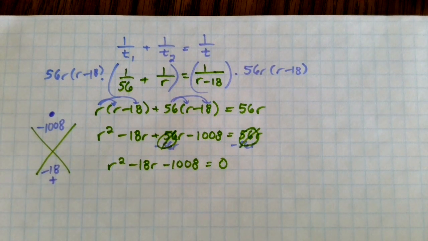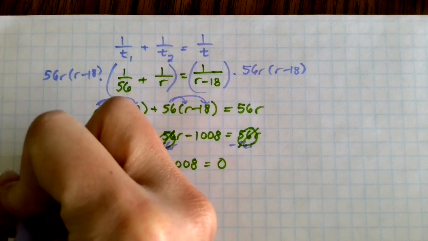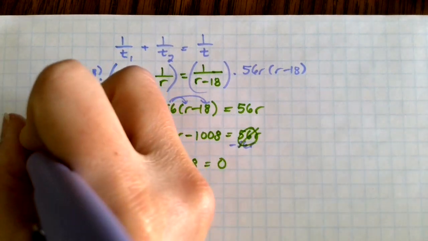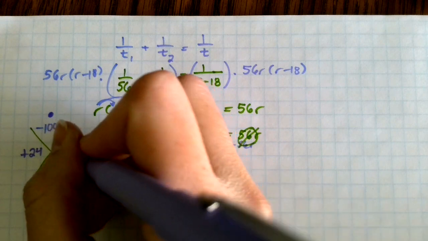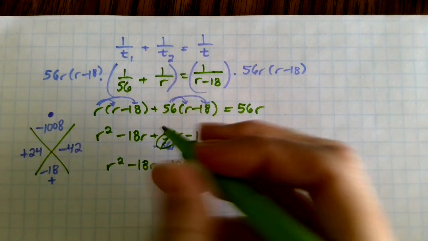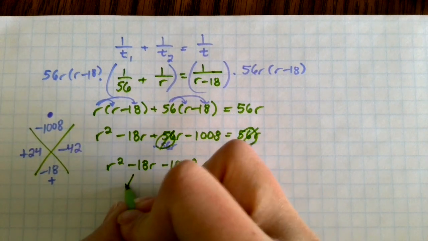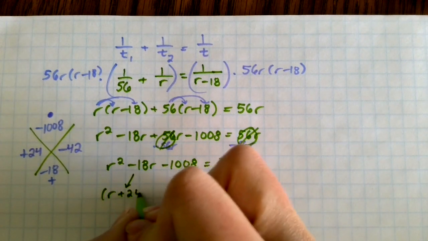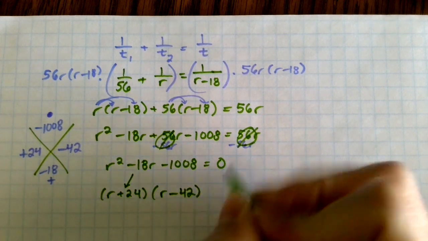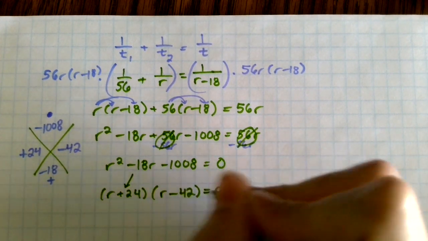That combination that we're looking for that multiplies to a negative means that we're going to be looking for a positive and a negative number. And those numbers end up being positive 24 times negative 42. So this quadratic breaks down into r plus 24 multiplied by r minus 42 equal to 0.